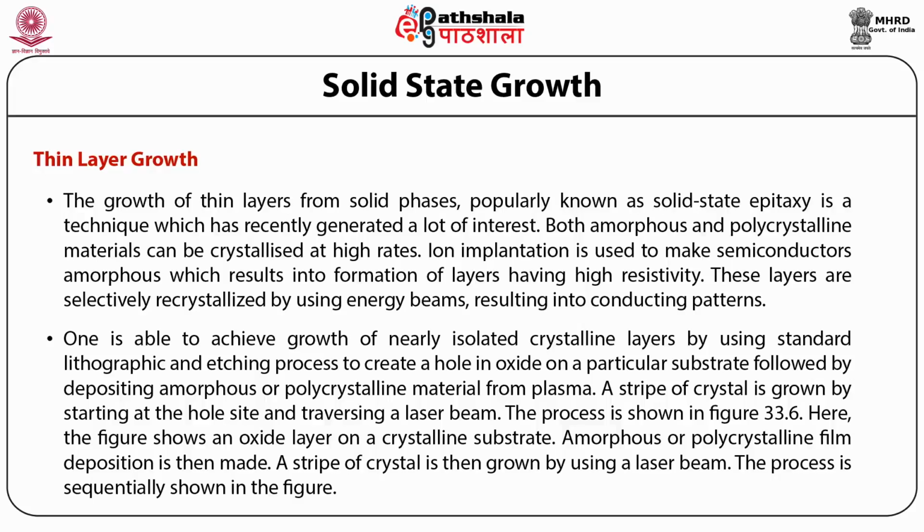The process is shown in figure 33.6. Here the figure shows an oxide layer on a crystalline substrate. Amorphous or polycrystalline film deposition is then made. A stripe of crystal is then grown by using a laser beam. This process is sequentially shown in figure 33.6.